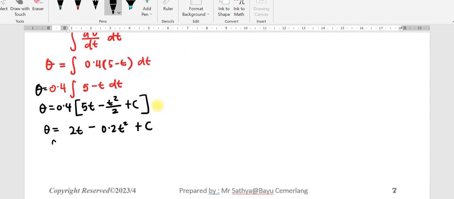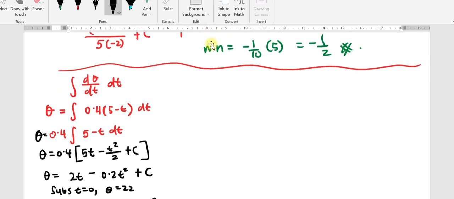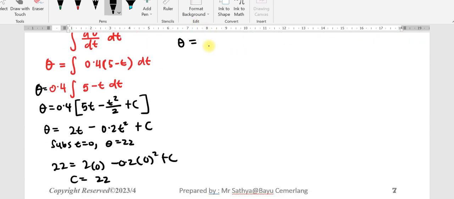Just substitute: t equal to 0, theta is 22. So 22 is equal to 2t minus 0.2 t square plus c, which is 0 plus c. So your c should be 22. Therefore your theta is 2t minus 0.2 t square plus 22.